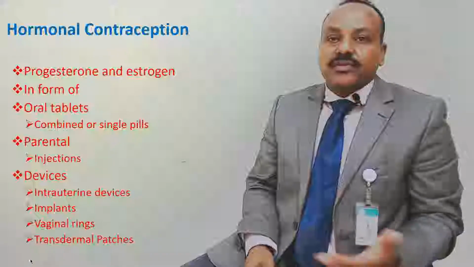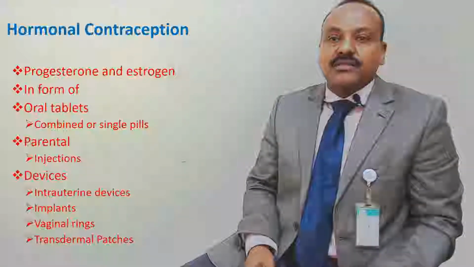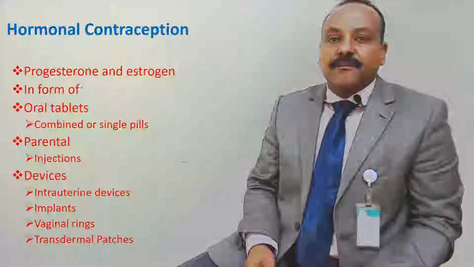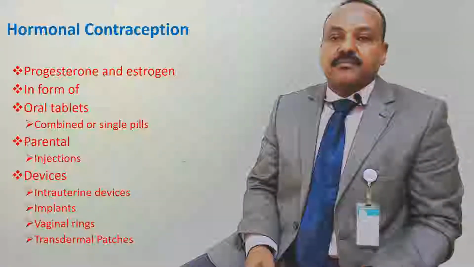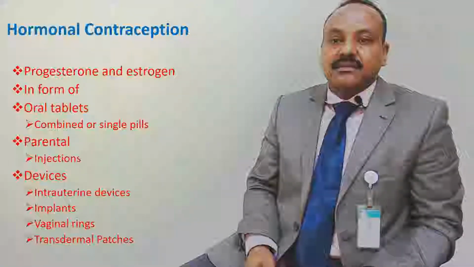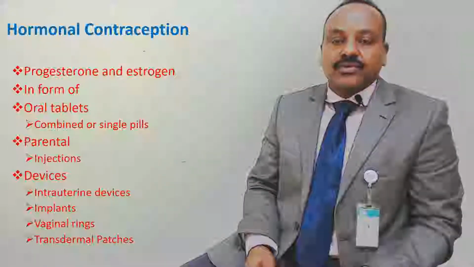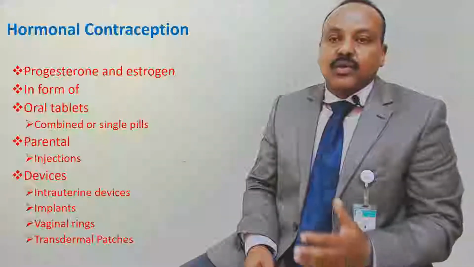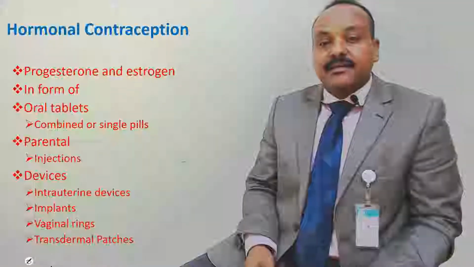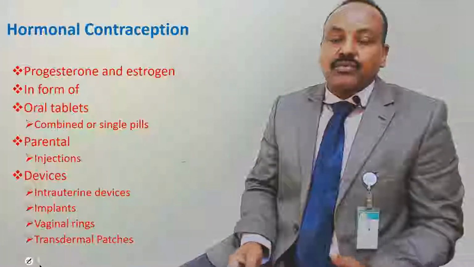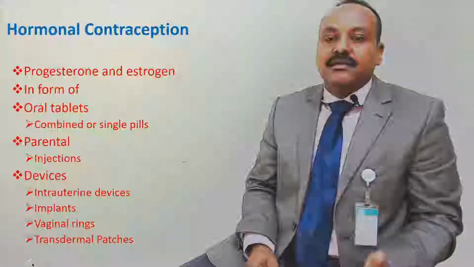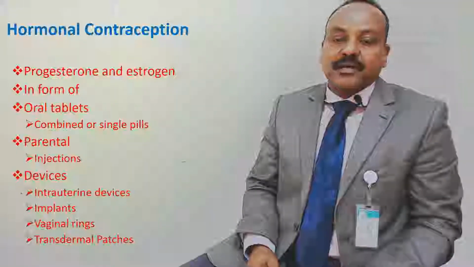Now this type of method uses hormones called progesterone and estrogen, and these hormones or this preparation comes either in the form of oral tablets, either combined from both hormones or single pills from one of these two hormones, or parenteral, like injectable hormones, or devices like intrauterine devices, implant, vaginal ring, or transdermal patches.